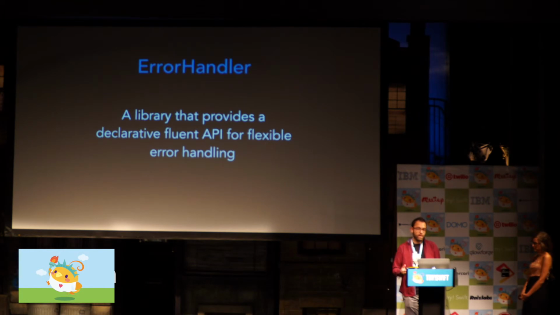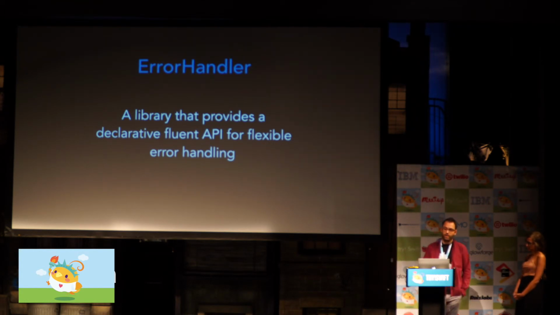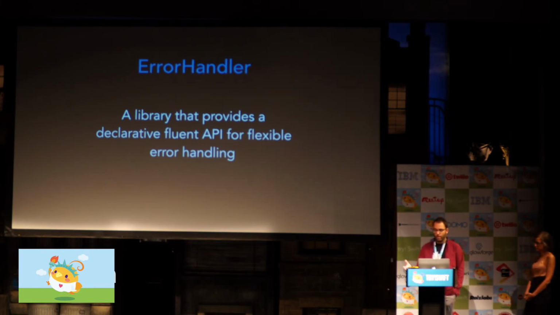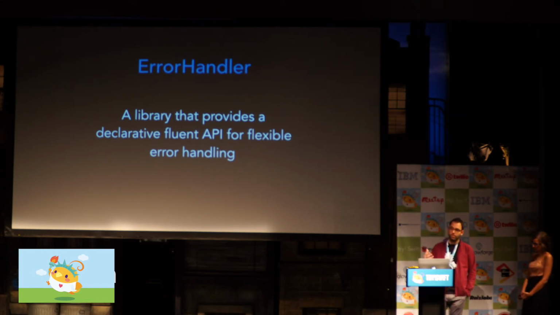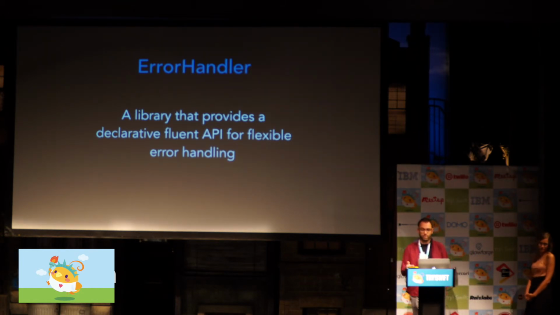While developing our iOS app, we created a lightweight library called Error Handler to help us deal with all these problems that we talked about before. So Error Handler basically provides a declarative API that helps you describe error handling rules in a natural and expressive way.